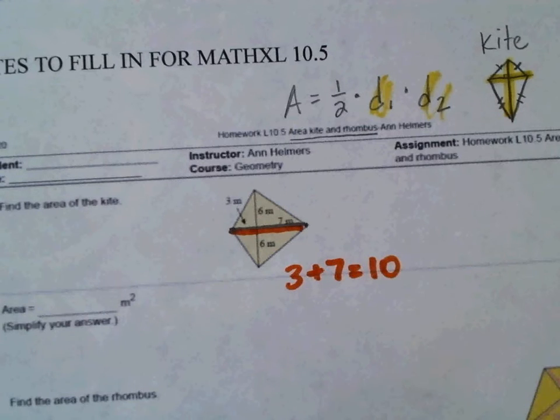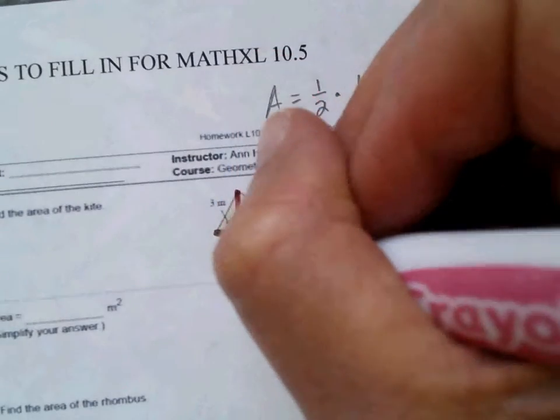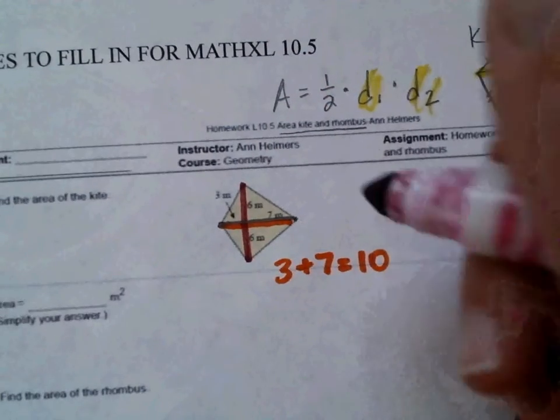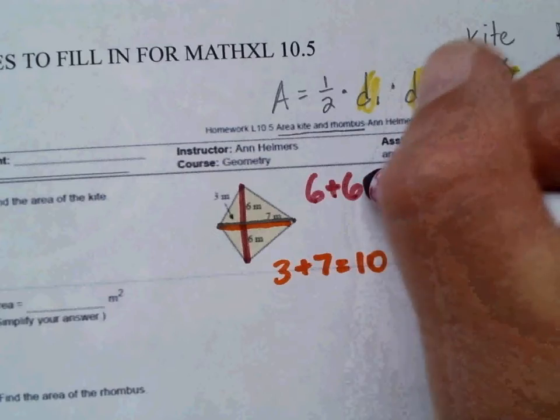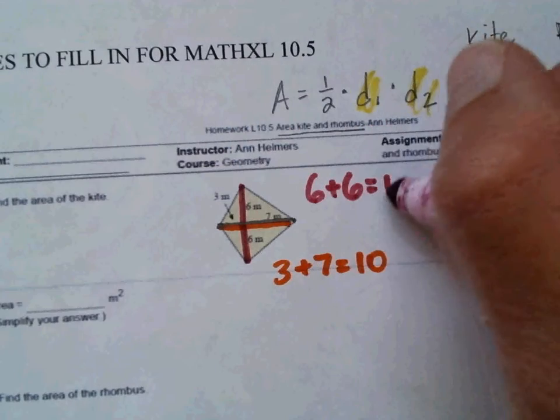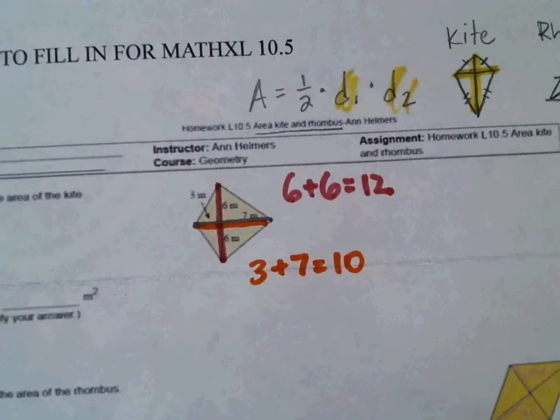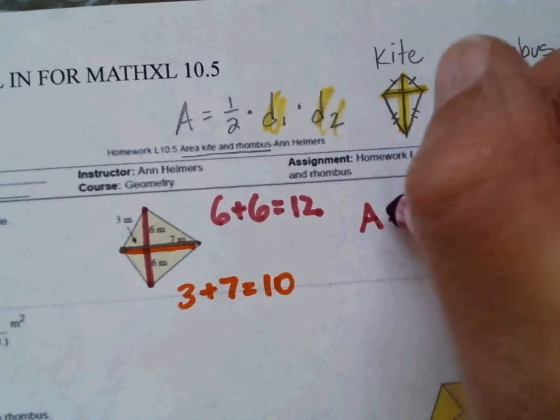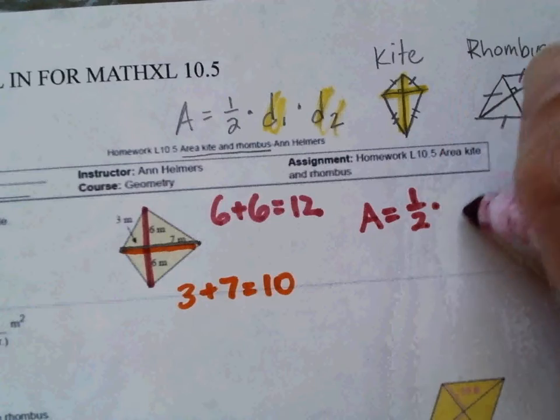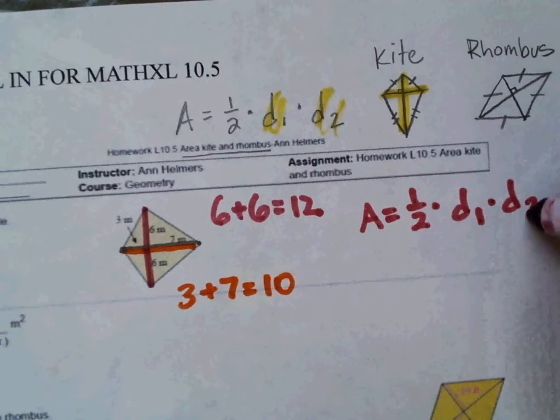Then I'm also going to find the length of the diagonal from here to here. That diagonal is 6 plus 6. Each piece is 6 and 6, which gives us 12. So now I have all the information I need to get the area. Area is equal to 1/2 times diagonal 1 times diagonal 2.